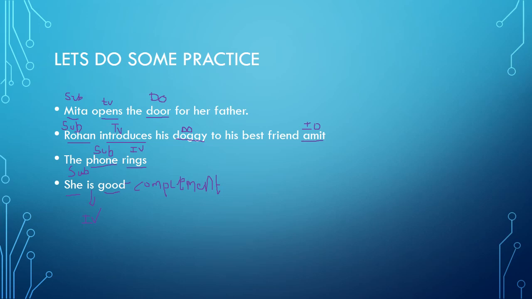Okay, now, she is good. She is the subject, we all got to know. Now, is good. What is this word is? Is not providing us the action, right? But it is providing us the state of being. So it is an intransitive verb, and it comes under the category of verbs of being.